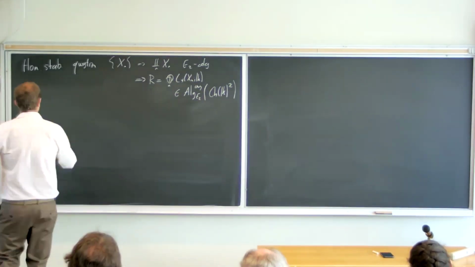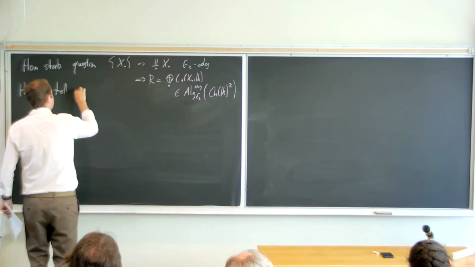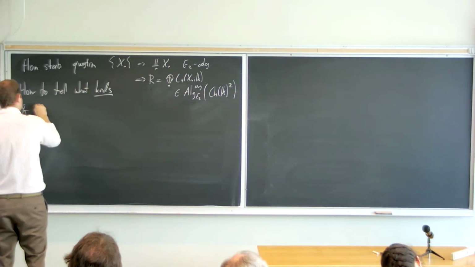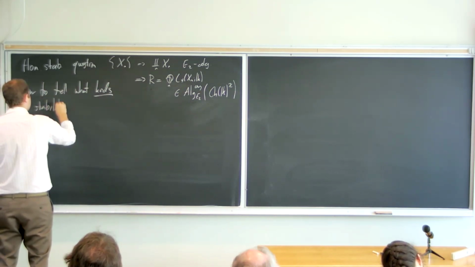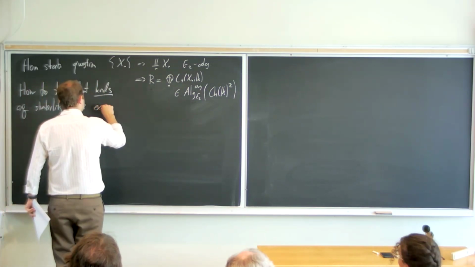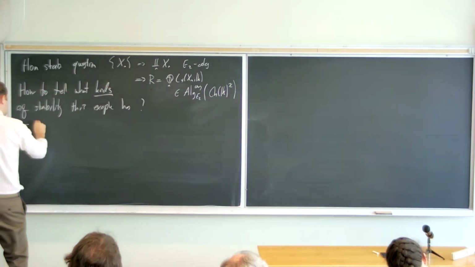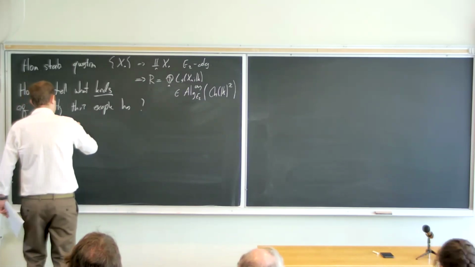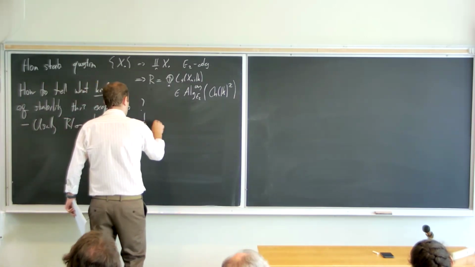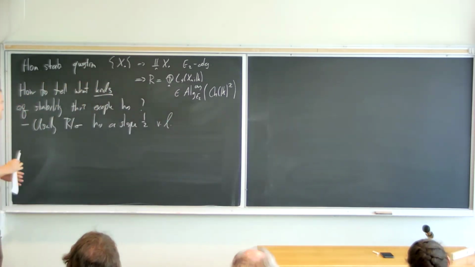How to tell what kinds of stability this example of the X's has. For example, usually R mod sigma has a slope 1/2 vanishing line, but sometimes it's better than a half.